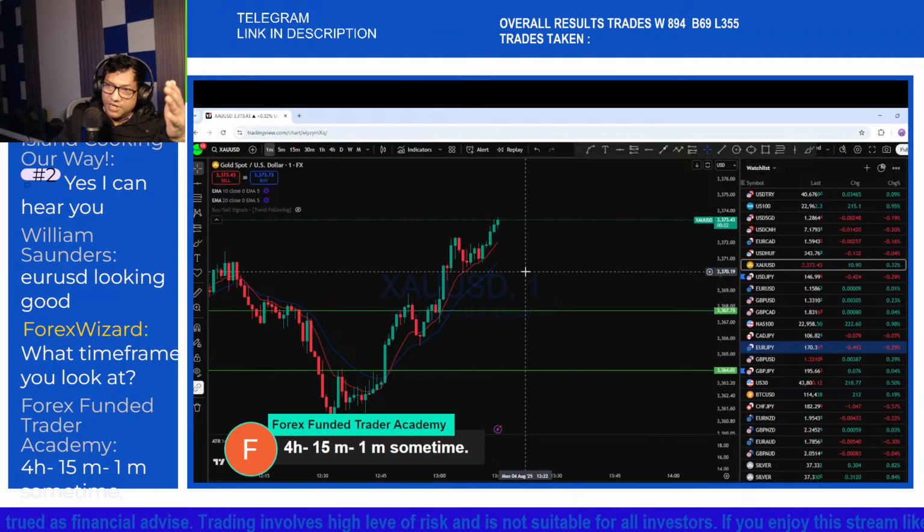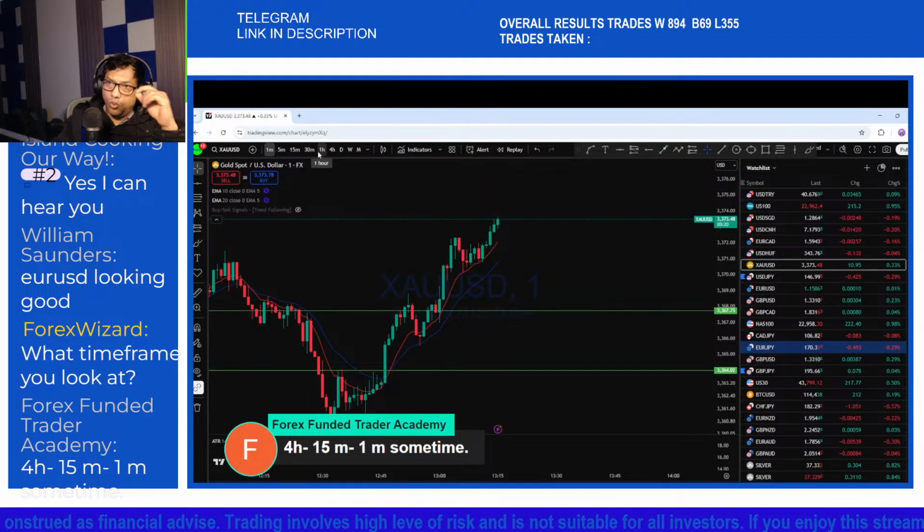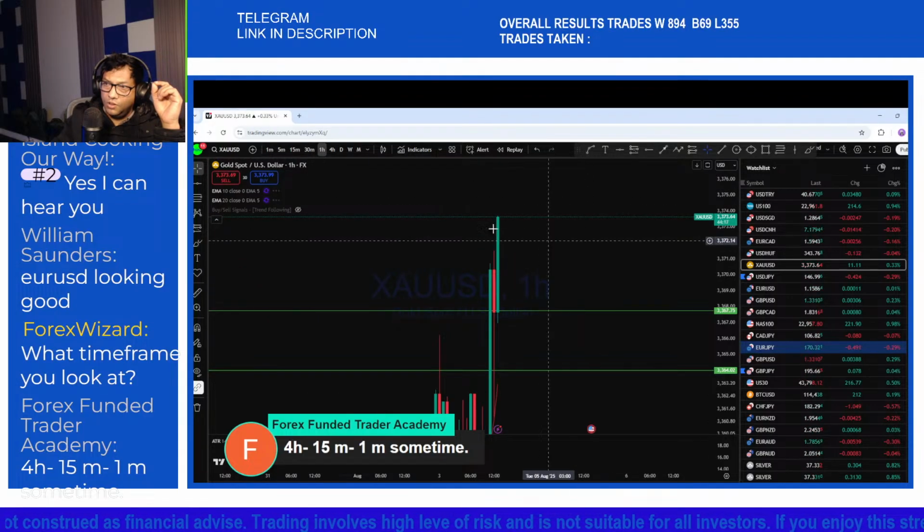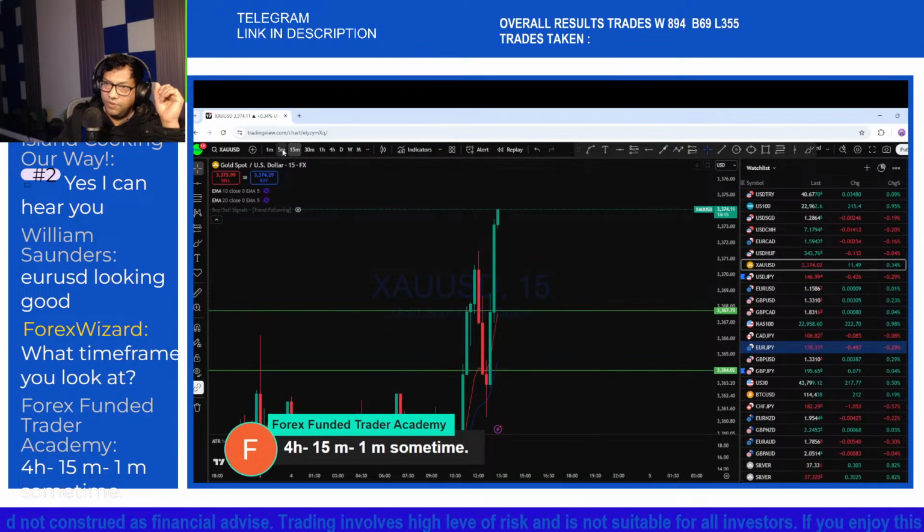So still maintaining that bullish market structure, we'll be waiting for the possible entry on the lower time frame here.